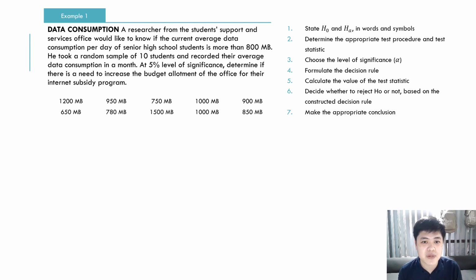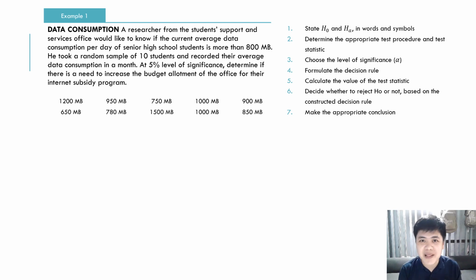The researcher would like to know if the students are using data more than 800 MB. Because if it's more than 800 MB, once proven, there will be an increase in the budget allotment for that particular program. So it's more than 800 MB, more than.